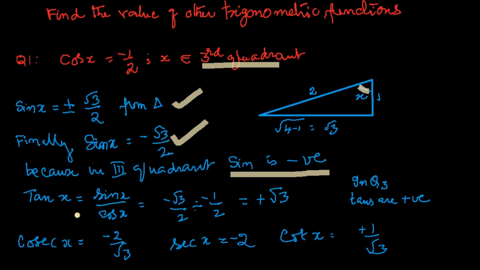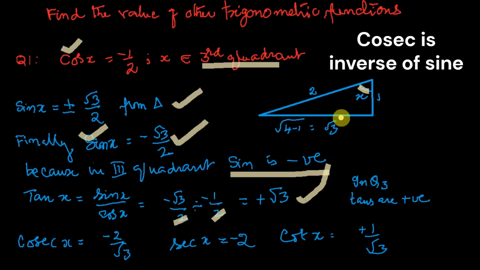Now, what about tan x? Cos x they gave, sin x we found out. Tan x is sin x by cos x: minus root 3 by 2 divided by minus half. That will give you 2 to cancel, giving you root 3. Now, cosecant x is the inverse of sin x, so 2 by root 3.